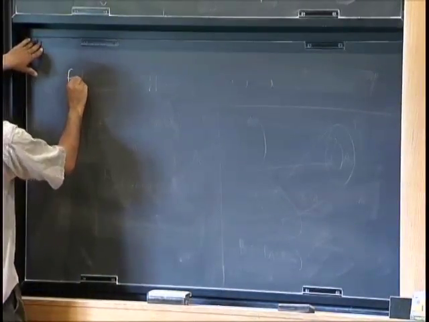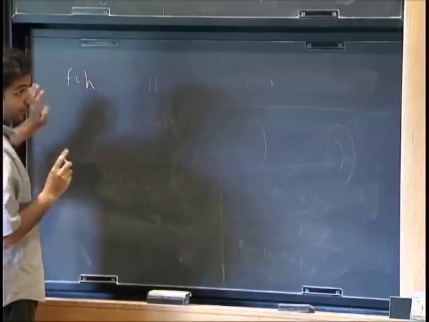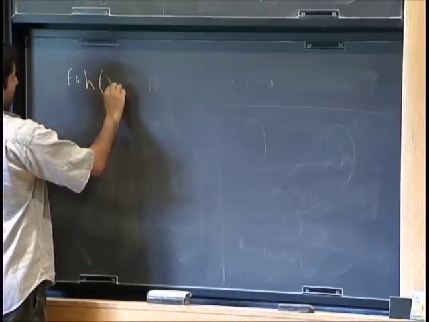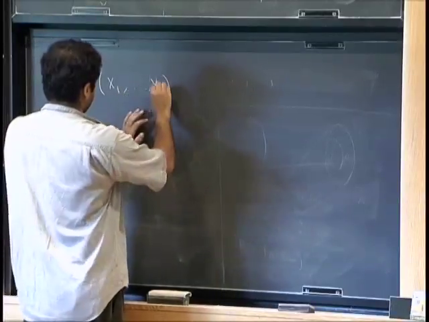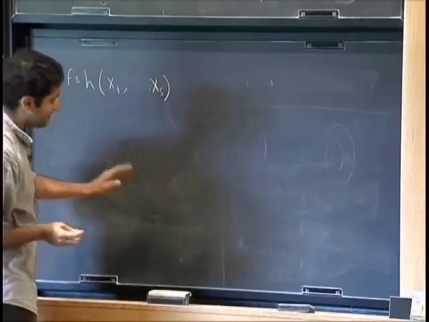So, f composed with h, and you want to show it on x1 up to xs. Okay, well, what is it?